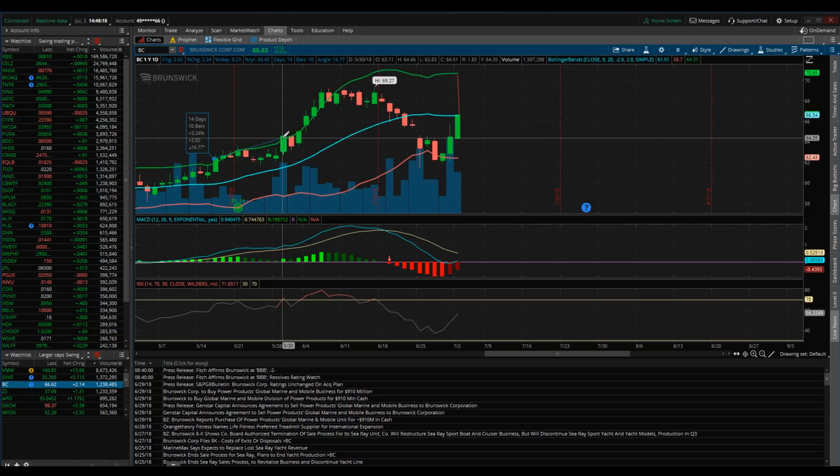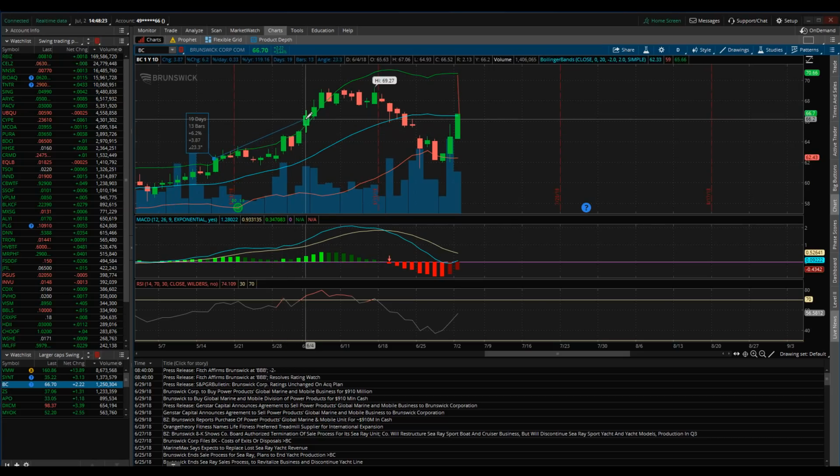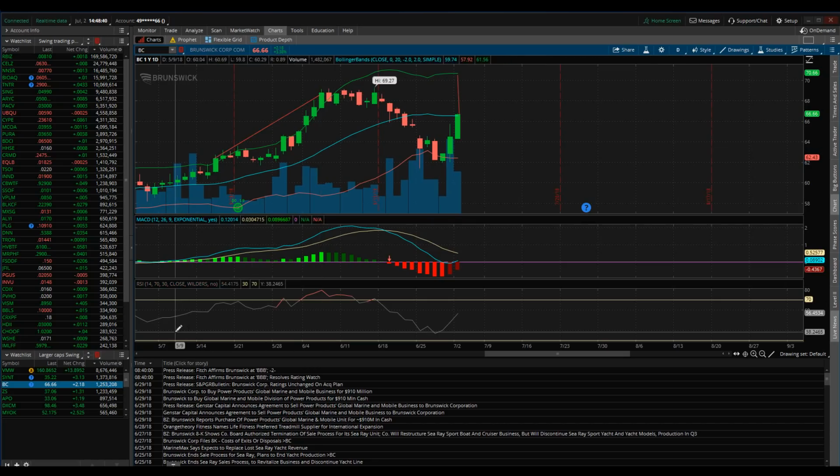But look at this as it goes up right there. $2, almost $4, almost $5. That's over $6 per share profit. And that is 21 days. So that's how you use this scanner to day trade and to swing trade.